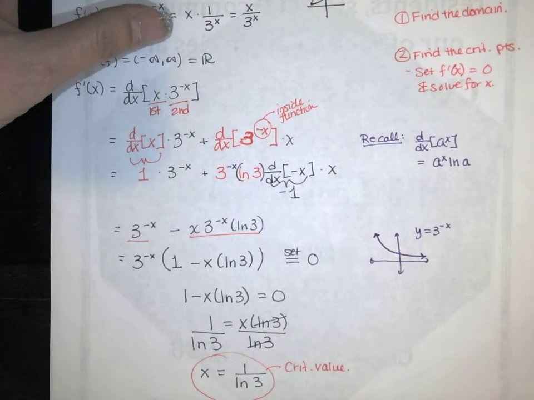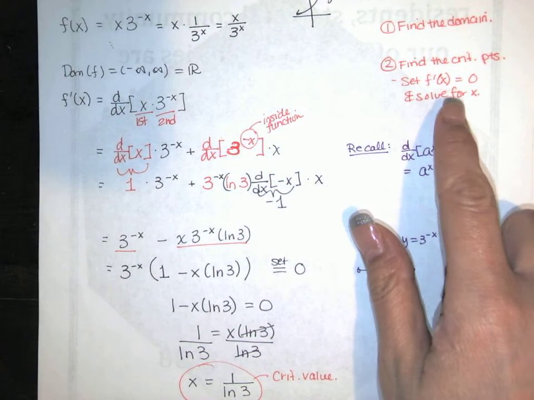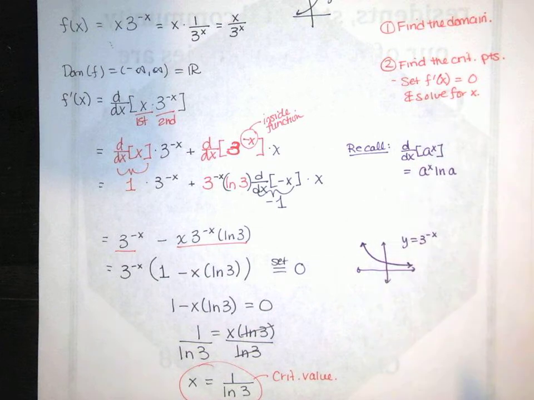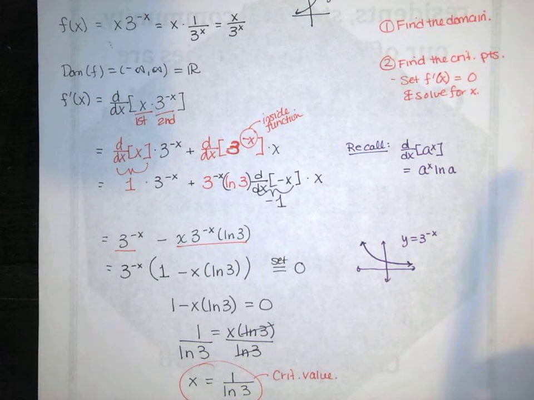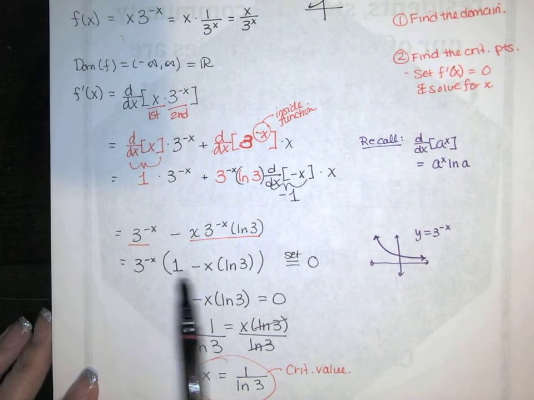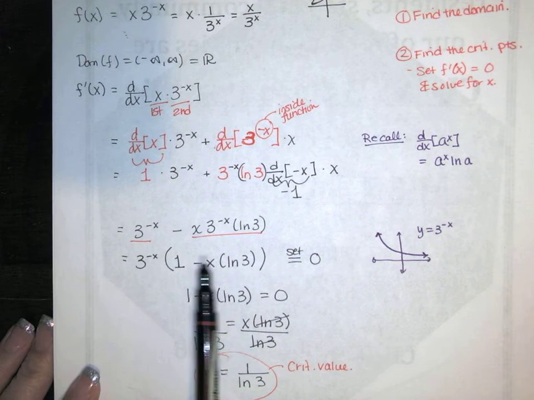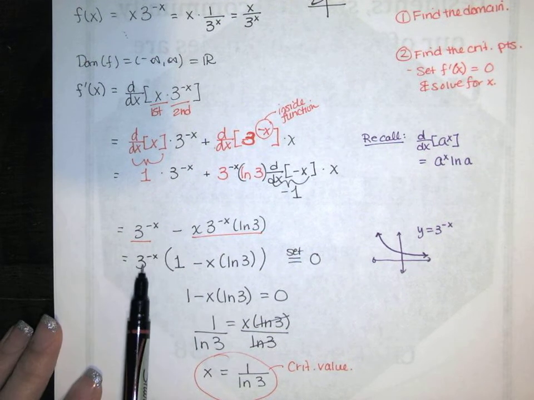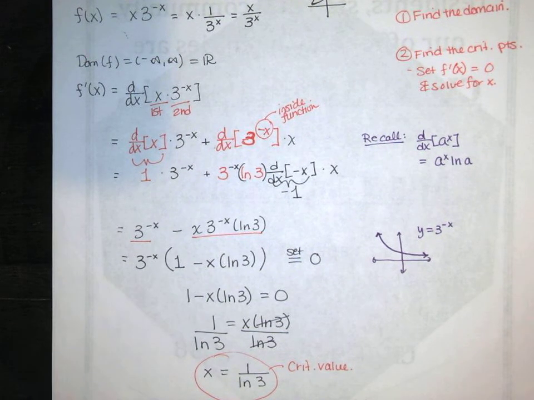Okay. So it says find the critical values by taking the derivative, setting it equal to 0, and solving for x. Also, go back here and think about whether there's ever an x value where this is undefined. There isn't. Remember that a negative exponent can be brought to the denominator.